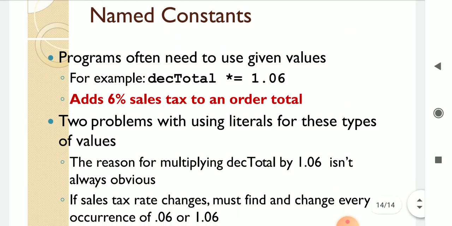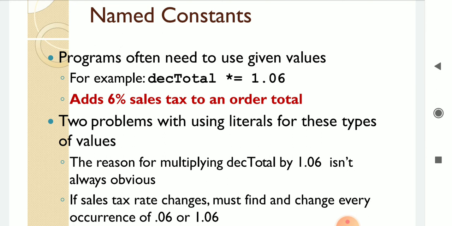Now here is one interesting example. Named constants. Programs often need to use given values. For example, DEC total is a variable. DEC total multiply equal to 1.06. This statement shows that we are adding 6% sales tax to an order total.